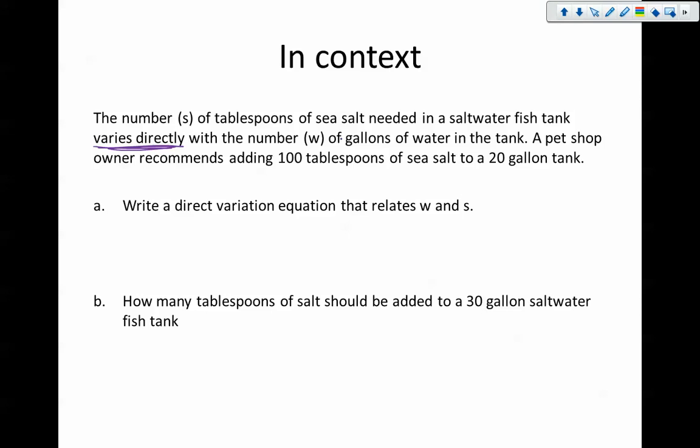A pet shop owner recommends adding 100 tablespoons of sea salt to a 20-gallon tank. It wants us to write a direct variation equation that relates W and S.